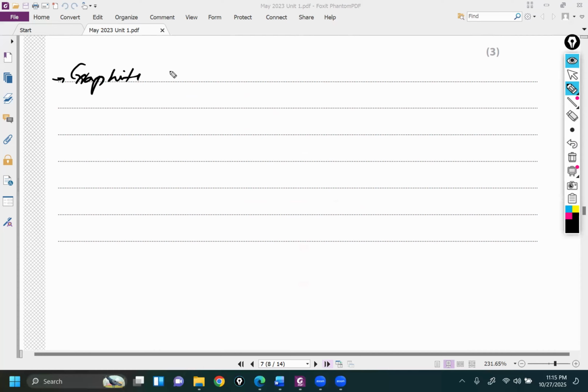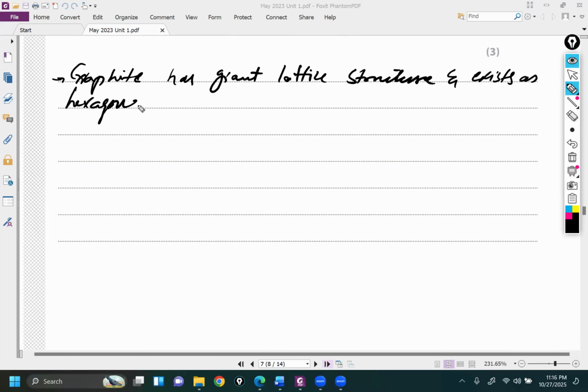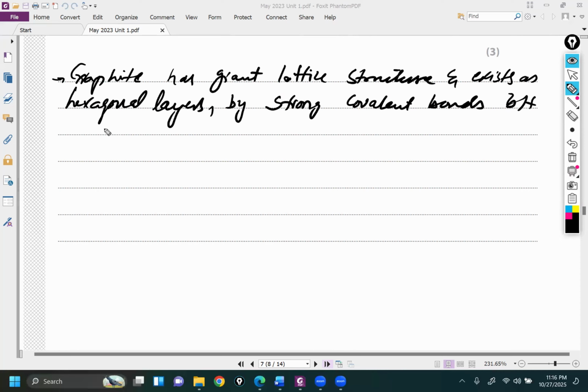Graphite has a giant lattice structure and exists as hexagonal layers held by strong covalent bonds between carbon atoms.